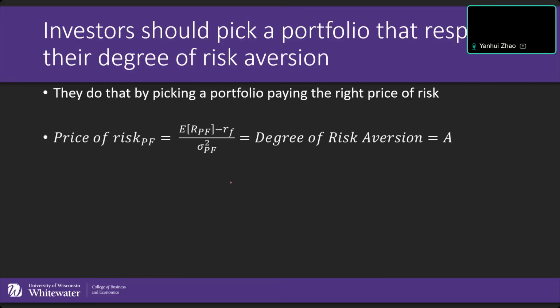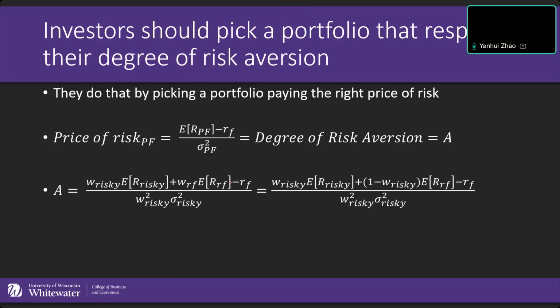Okay. So the price of risk of a portfolio equals the portfolio's expected return minus the risk-free rate, divided by the portfolio's variance. It should equal the degree of risk aversion for the portfolio holder, the investor.